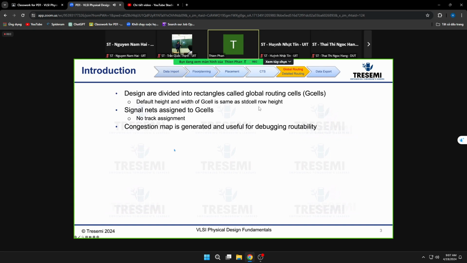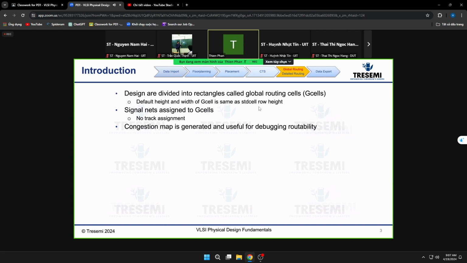So what is global routing? I think we mentioned it a little bit last time. It's kind of divide and conquer. We look at the routing stage and say, let's split it into two.